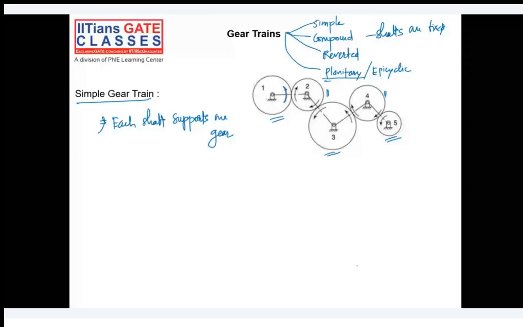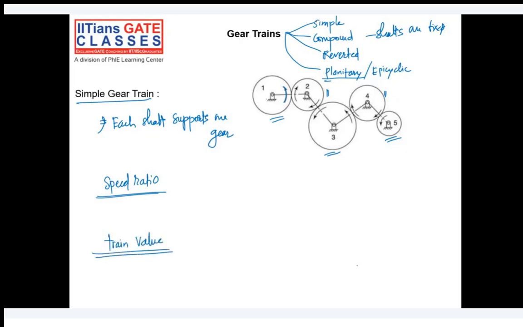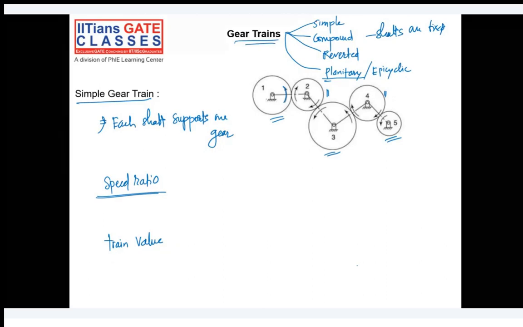Now the speed ratio comes into the picture here. In a gear train we use the terms speed ratio and train value. As we are talking about gear trains, that's why train value comes into the picture. Train value is the inverse of the speed ratio.